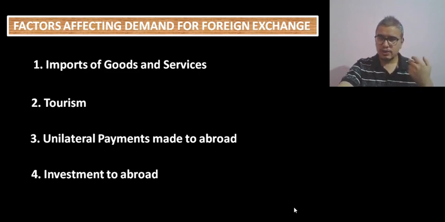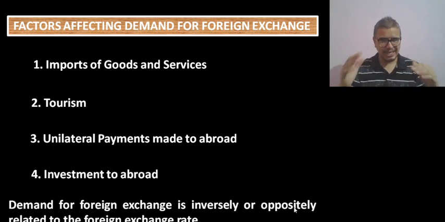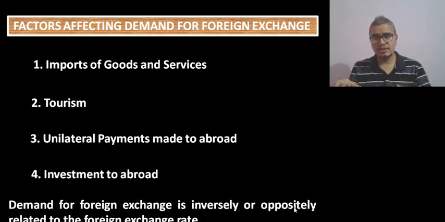So the same logic applies here also. Here, since we are dealing with the foreign exchange market, instead of goods, foreign currencies are being bought and sold, and price is being replaced by the foreign exchange rate.